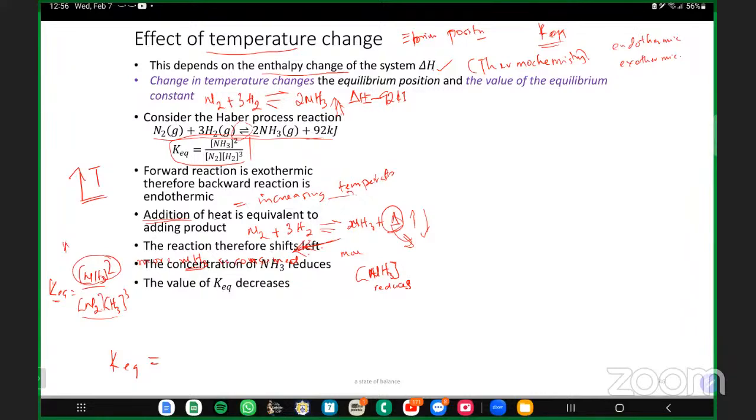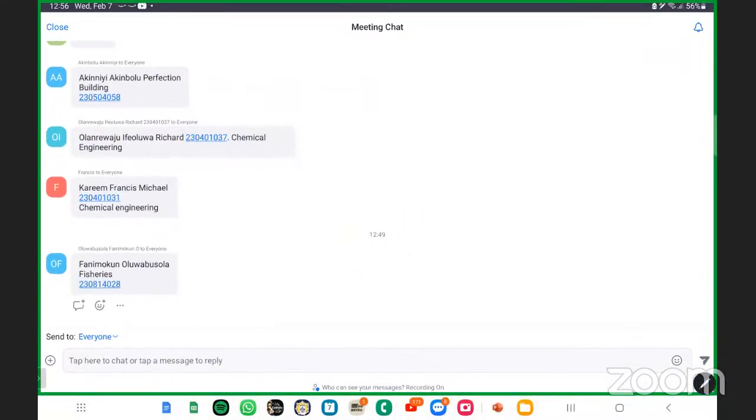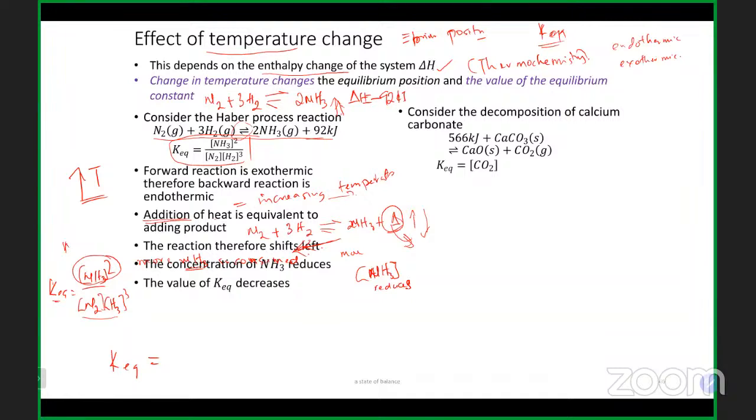For the next example, any question? Okay. If we look at the other example there, the decomposition of calcium carbonate, the forward reaction in this case is endothermic, and the backward reaction is exothermic. That's because we need heat. So for an endothermic reaction, you supply heat for the reaction to take place.